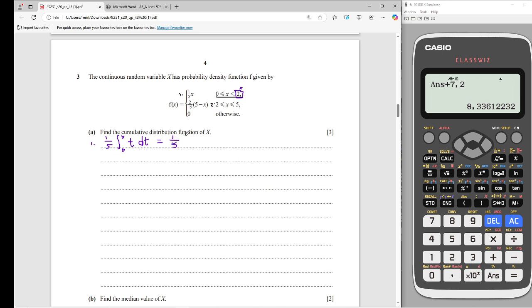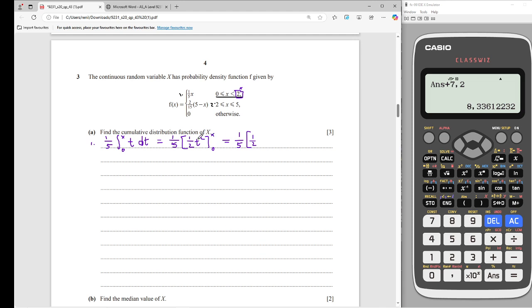Integration of t is 1 by 2 t squared. So let's write here 1 by 2 t squared with upper limit as x, lower limit as 0. And so now we can put 1 by 5 times 1 by 2. Now we need to plug in our upper limit.